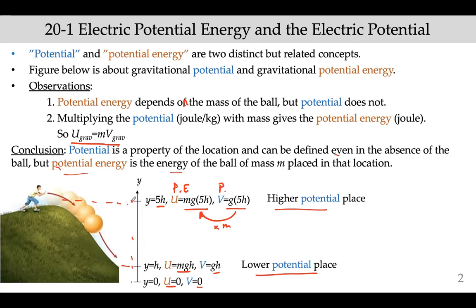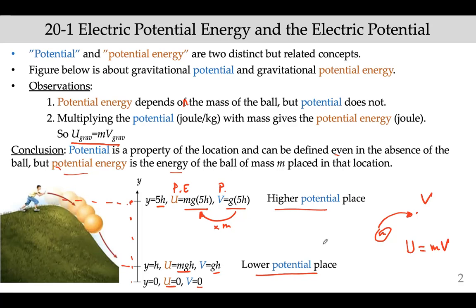So think of it this way: there is potential at all points, and potential energy is the energy of the mass m, in this case the ball, when placed at any height. So when there's a potential at a certain place, and you place an object with mass m, then you can talk about the potential energy of that object in the background of this potential.